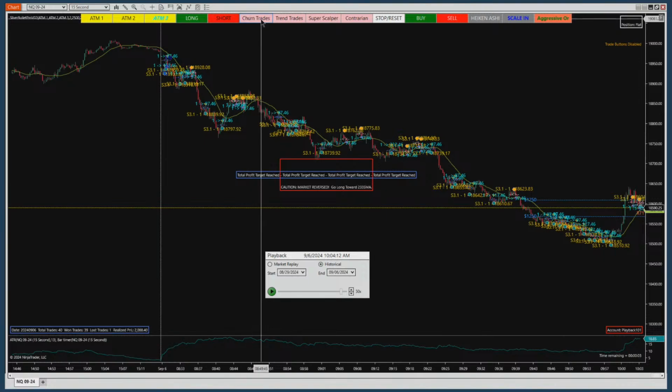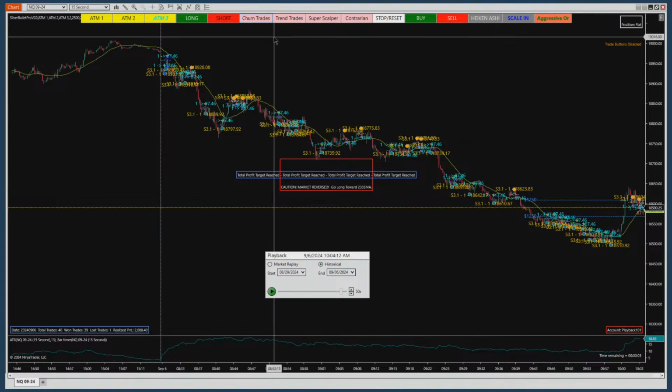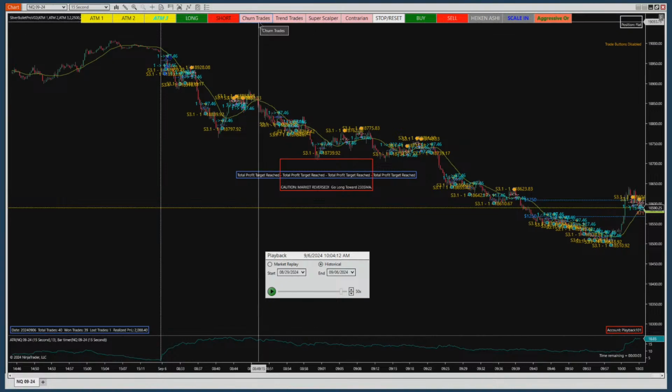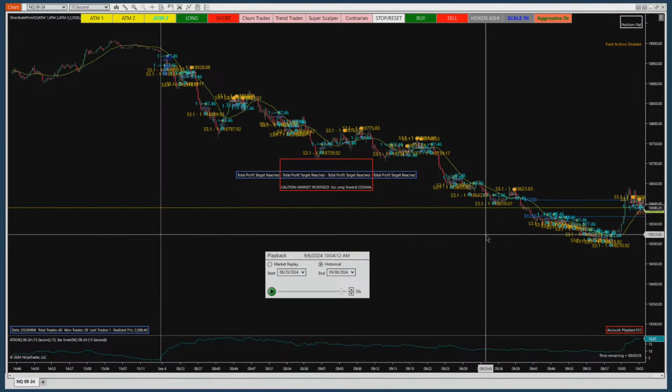So I'm not going to show you churn trades. We are also planning to maybe replace churn trades with some other strategy, because it's rarely used. So we'll perhaps use this button, this place in the user interface, for something else, something better.